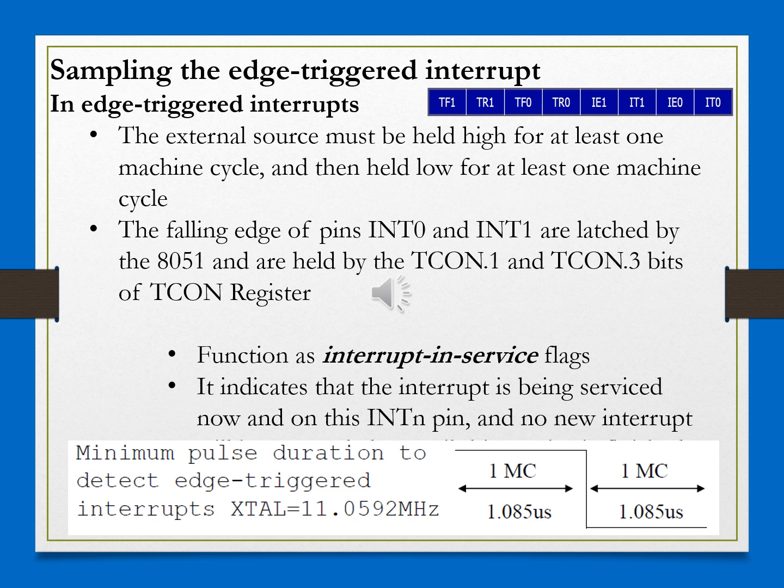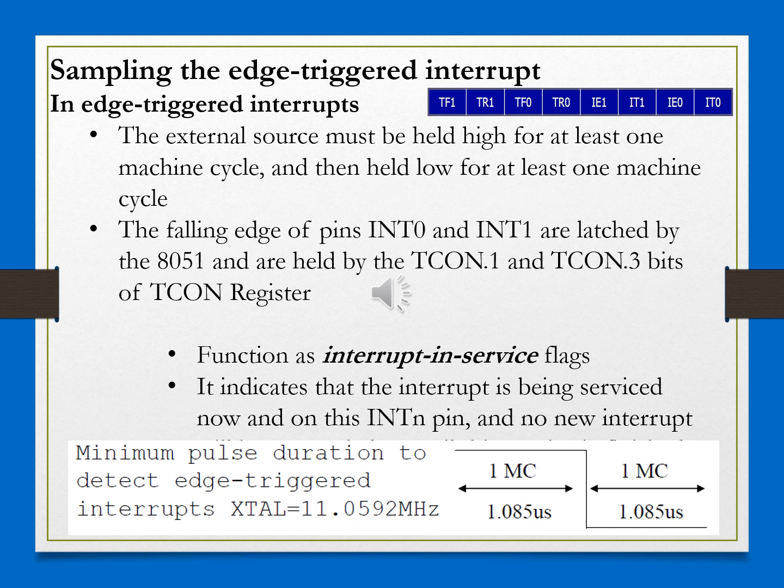Then the falling edge, that is the high to low transition, of these pins INT0 and INT1, interrupt 0 and interrupt 1, are latched by the microcontroller and are indicated by the TCON.1 and TCON.3 bits, that is the IE0 and IE1 bits. So they function as interrupt in service flags.